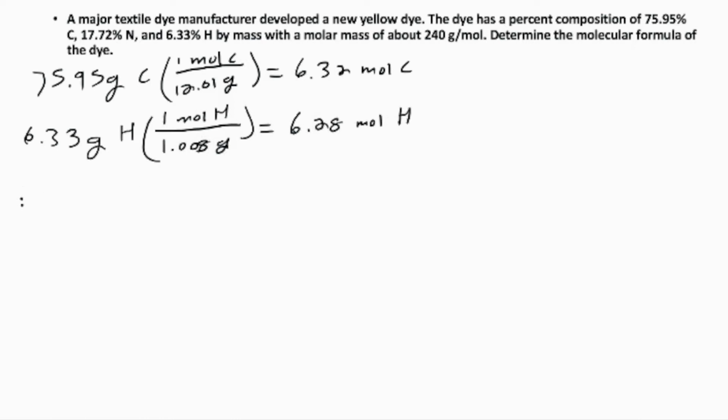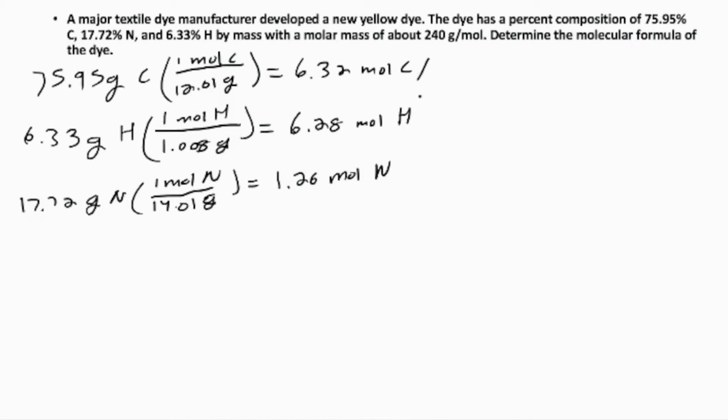And then we'll take the 17.72 grams of nitrogen, divide that by its molar mass, which is 14.01 grams, and we get 1.26 moles of nitrogen.